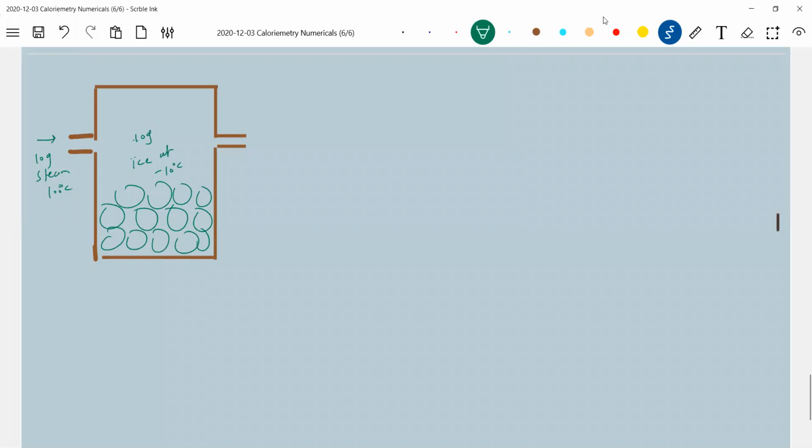Take 20 gram of ice at minus 10 degrees and 10 grams of steam at 100 degrees Celsius. I'll send it. What will be the final temperature of the calorimeter? Final content and temperature of calorimeter. Water equivalent of calorimeter negligible. There's the initial.